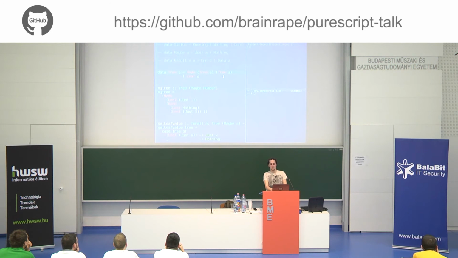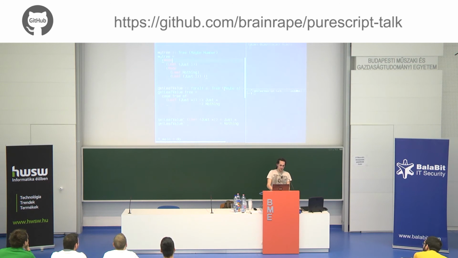A binary tree is either a node that has 2 subtrees, the left subtree and the right subtree, or it's a leaf. Then you can build trees like this here. This is a tree of Maybe Number. So as you can see, this type is also polymorphic. It depends on this type A, which in this case is instantiated as Maybe Number. So you can have a tree where the leaves are Maybe Numbers.